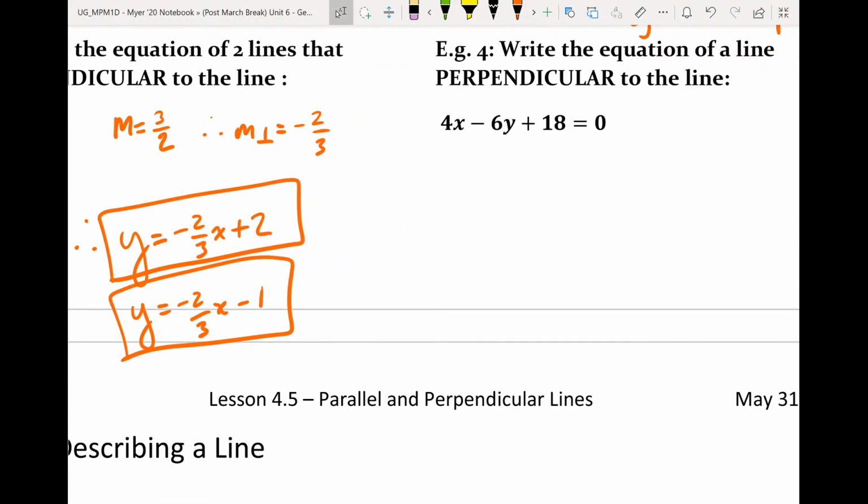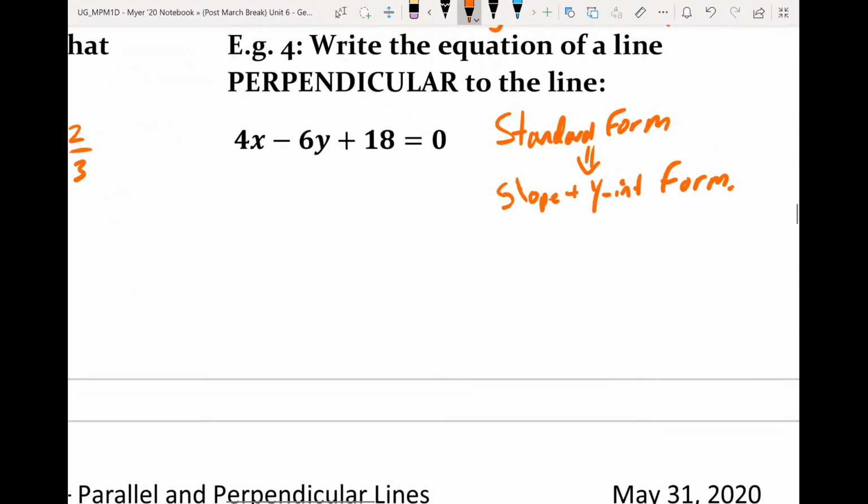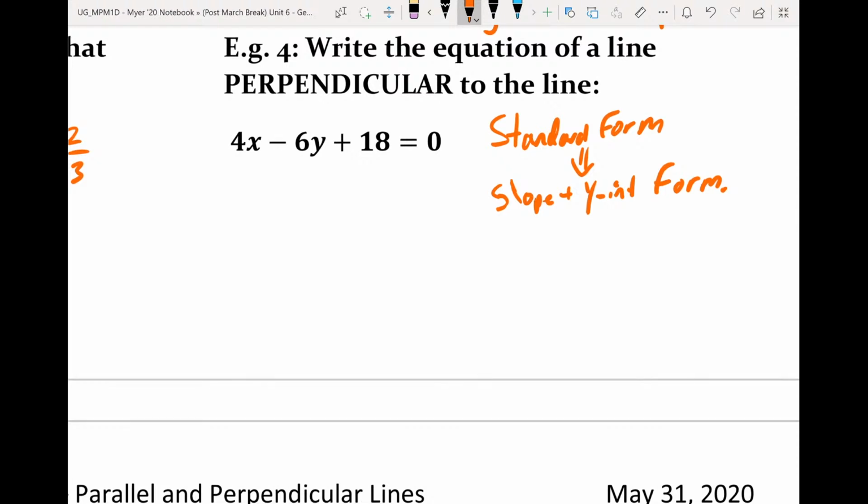All right, let's go back to the idea of standard form. So remember, standard form, and we have to convert to slope and y-intercept form. So in this case, I have -6y. And again, I want y by itself.